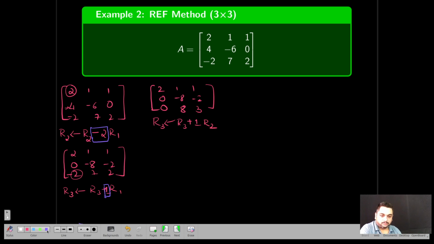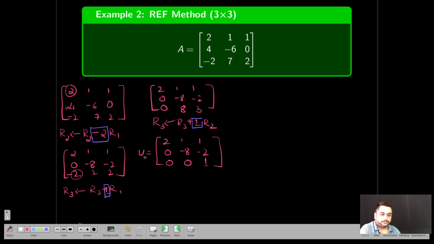So again you note down this 1. Minus 2 plus 1, plus 1. Now what will be the resultant matrix? It will be 2, 1, 1, 0, minus 8, minus 2, 0, 0, then 1. So this is now in upper triangular form.